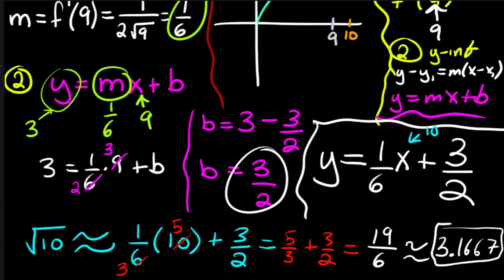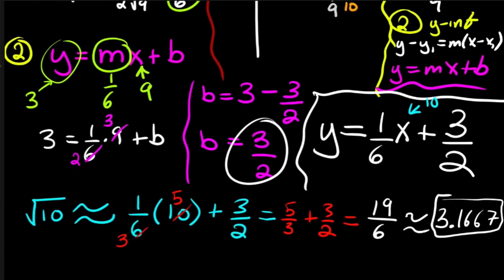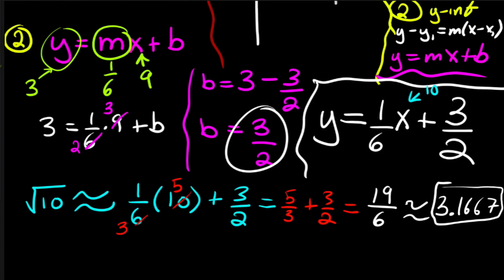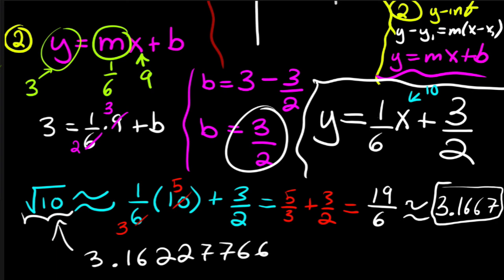Now notice, this is just something to note: if you punch the square root of 10 into your calculator, you get 3.162277766. My question to you is, how close are these?